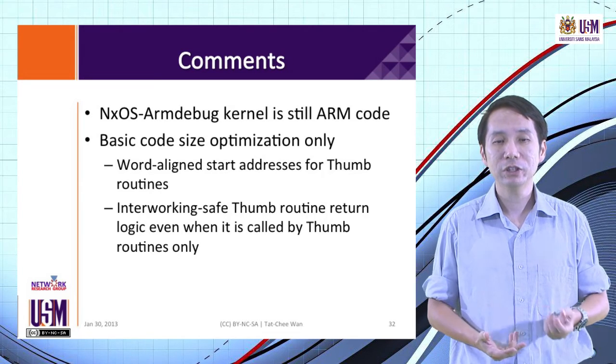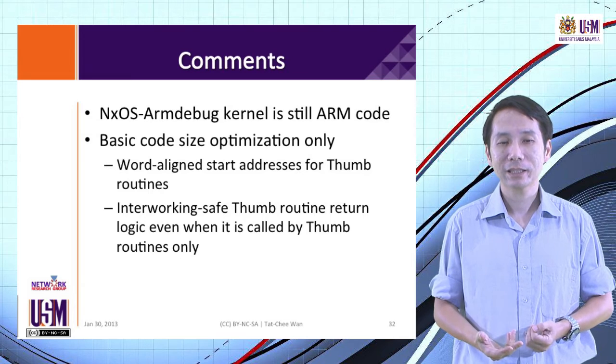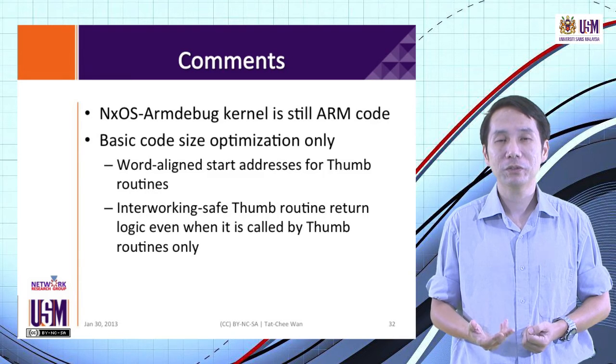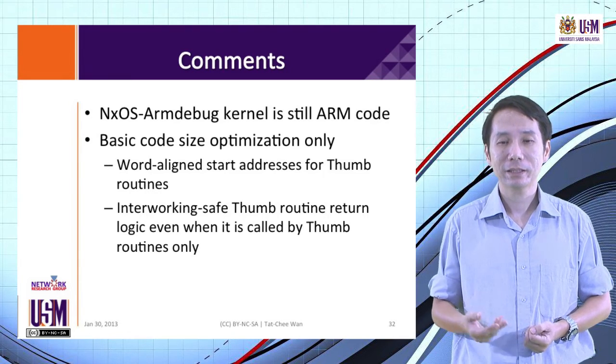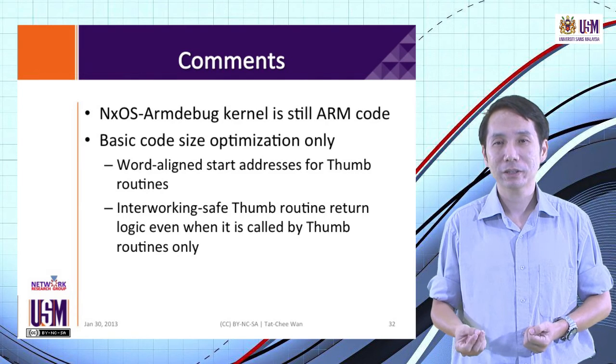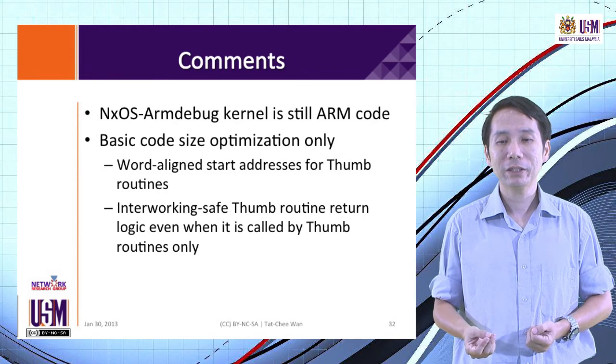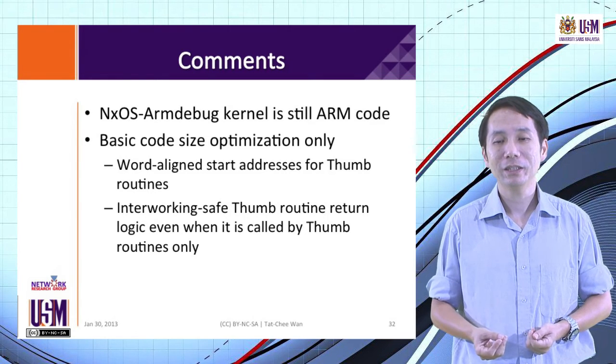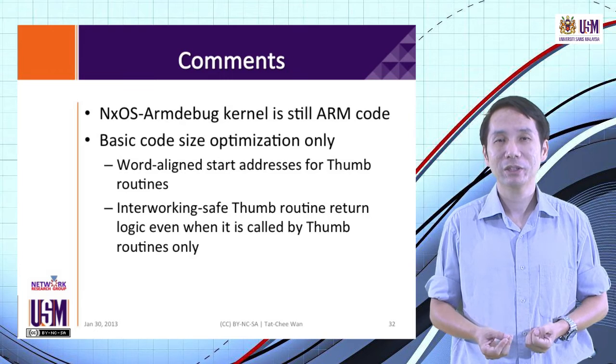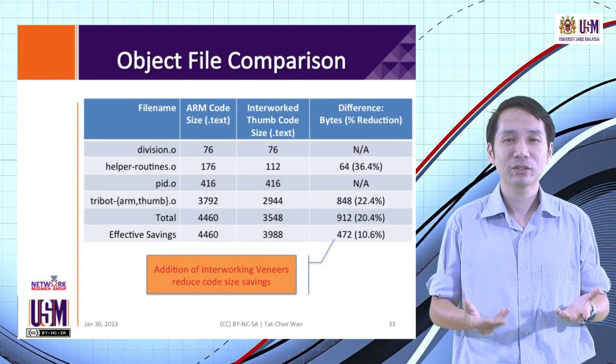So for the ARM version, the text section has 27744 bytes, whereas the ARM interwork code section has 27272 bytes total. So there is a savings of 472 bytes if we use the ARM interwork code. However, this results only in a 1.7% reduction. So why is this so?